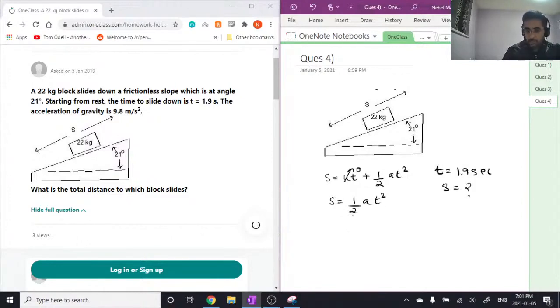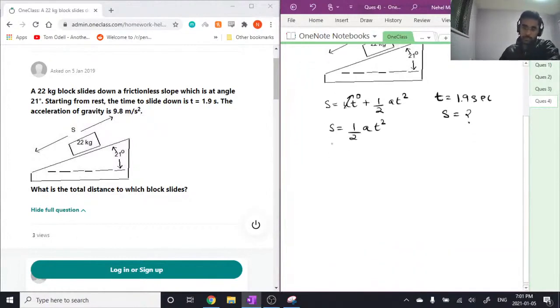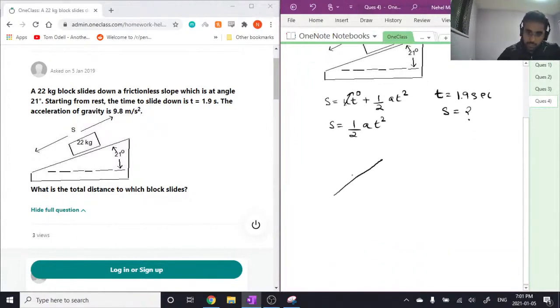Therefore, the only unknown in this equation is acceleration, which we can solve for if we prepare a free body diagram. So let's make a free body diagram for this. We have an inclined plane and a block which is at an angle of 21 degrees, and this block is 22 kgs. The first force which acts on this is the force of gravity, mg, and there's no friction, so we can ignore that.